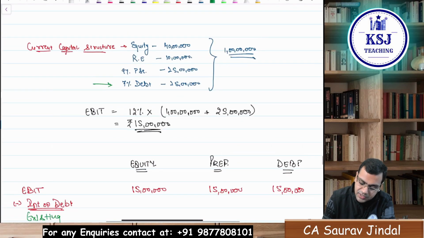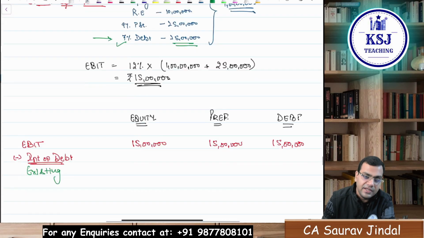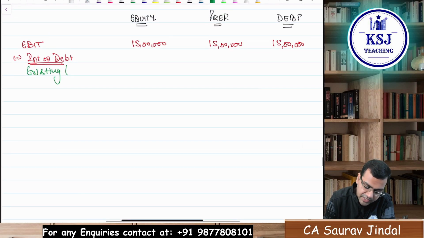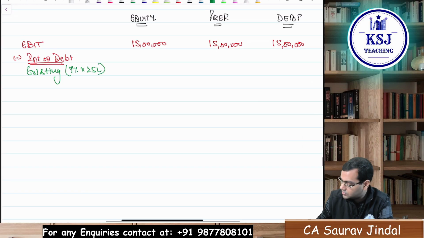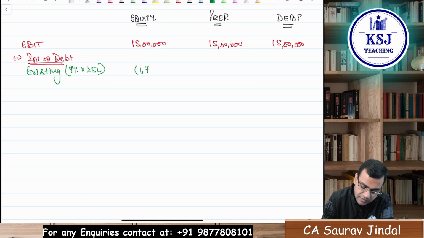That will be 7% on 25 lakhs. So 25 lakhs, 7% will be 1,75,000. Here also 1,75,000 and here also 1,75,000.